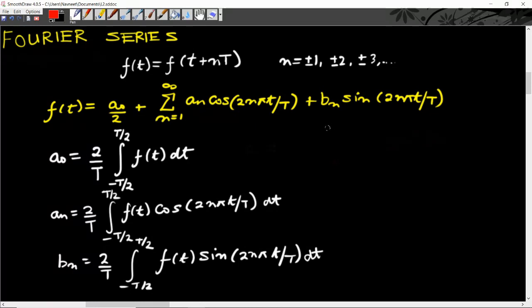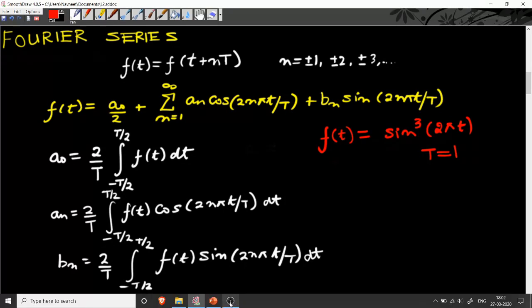Let's consider a function f of t equals sine cube of 2 pi t. In this case, we see that this function is periodic with time period 1.